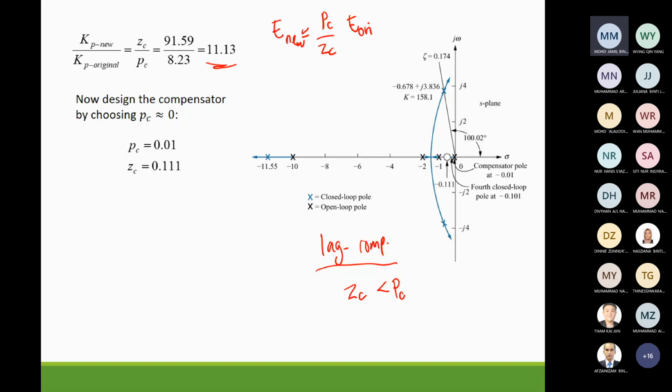So in this example, we choose Pc equals 0.01. When you choose Pc 0.01, then you can calculate Zc from the ratio, from this. So you get Zc about 0.111.